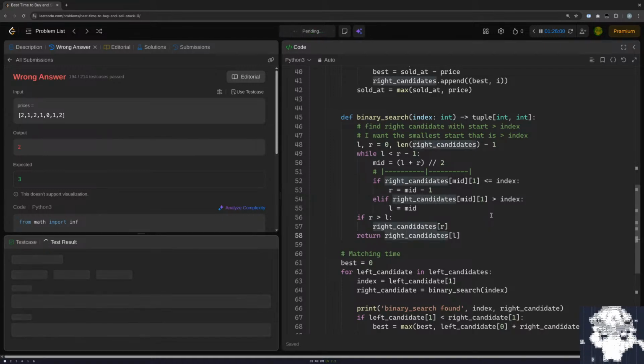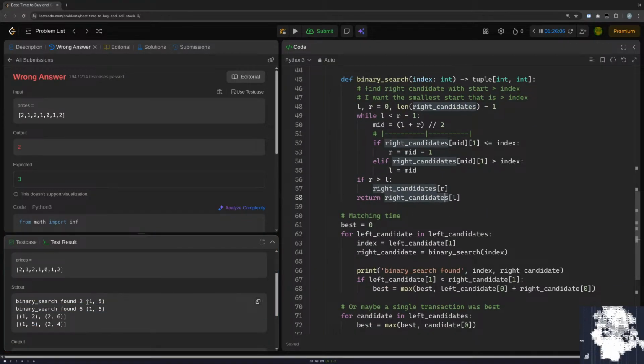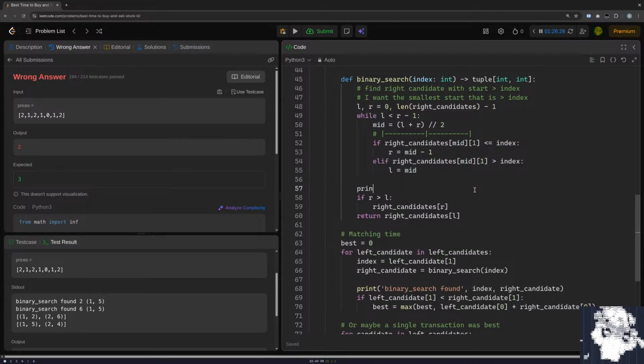This is a stupid way to do it, but I think this is what I want. It's not. Why aren't you giving me 2, 4? 4 should be the smallest index greater than 2. What do we have at the end here? Print right candidates sliced from L to R.